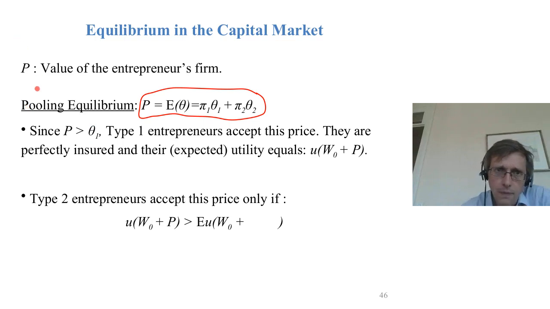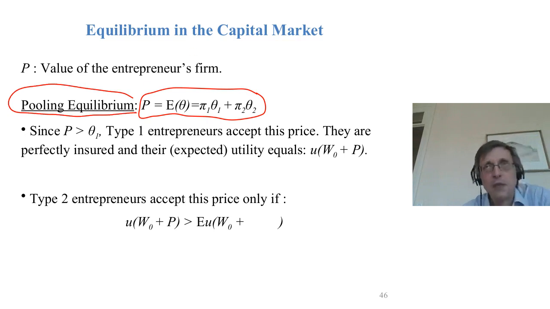So what is a pooling equilibrium? A pooling equilibrium is a situation in which both type 1 and 2 entrepreneurs would accept to, to some extent, sell their firm to the financial market.